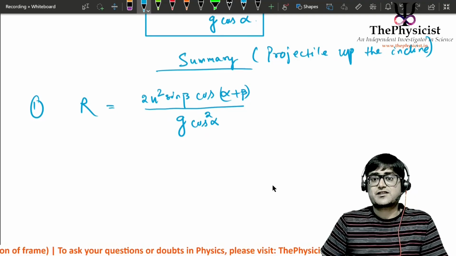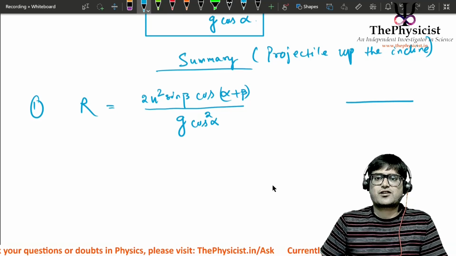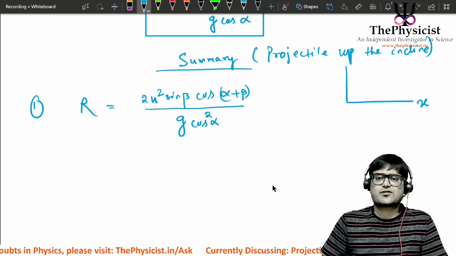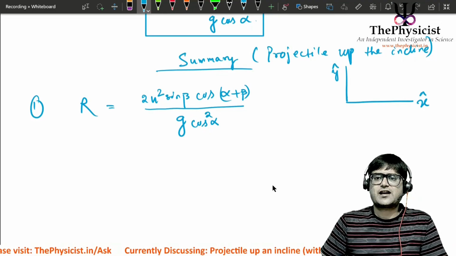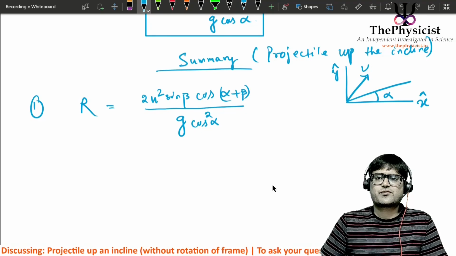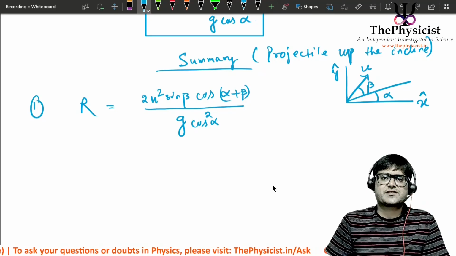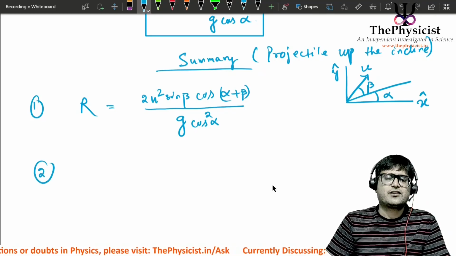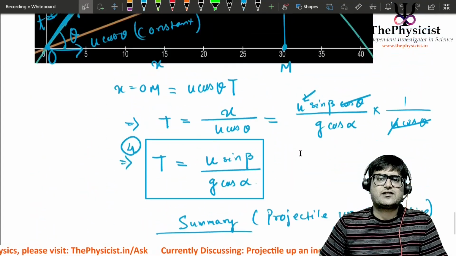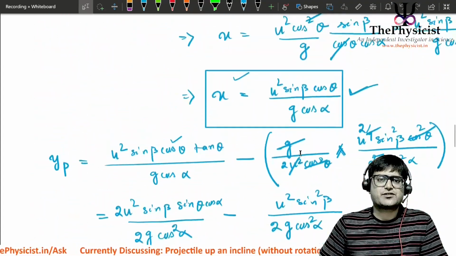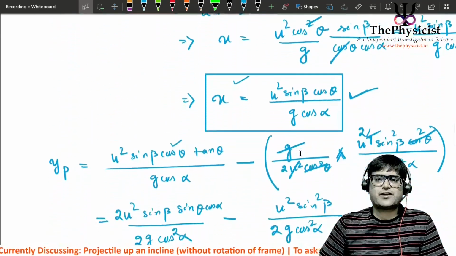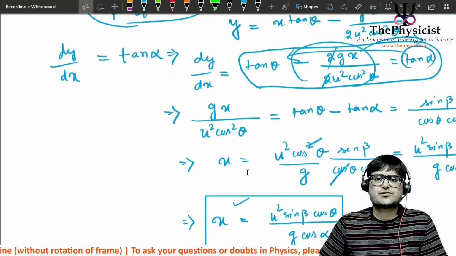Just in case you need a reference, this is the horizontal x, this is your y cap, x cap. The incline is at an angle alpha. The projectile is thrown with a velocity u at an angle beta with the incline. That's it. In this case, the second point would be the condition for maximum range, where I had obtained the condition for the maximum range.